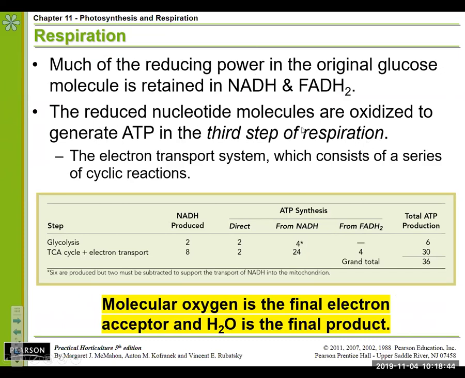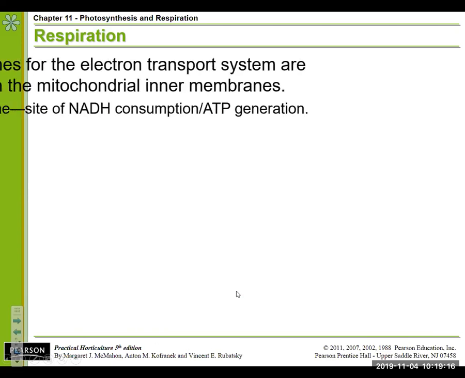Basically, that third step of respiration is reducing those nucleotide molecules and oxidizing them to generate ATP again. So it's basically just a chain of making and moving ATP to different parts of the plant, donating those electrons, and then finally molecular oxygen being the final electron acceptor, and water vapor and oxygen being the final products that are released through respiration out of the leaf.